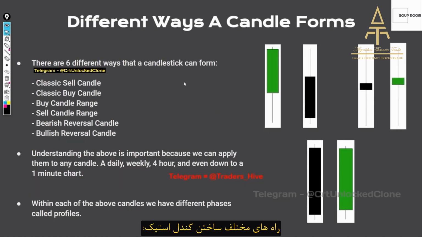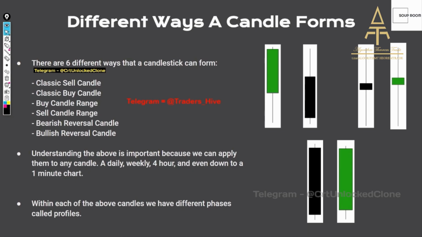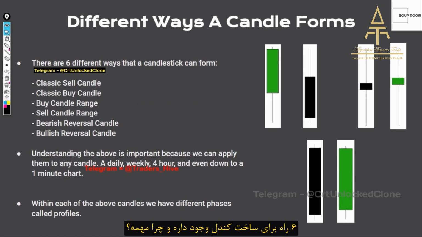All right, different ways that a candlestick forms. So before we move into understanding the weekly candle, you must first understand the way a candle forms and the 6 different ways that a candle forms. Why is this important? Because candles are fractal in nature.